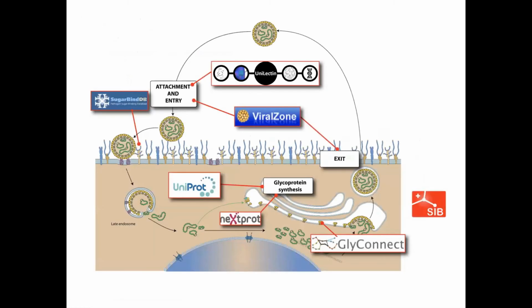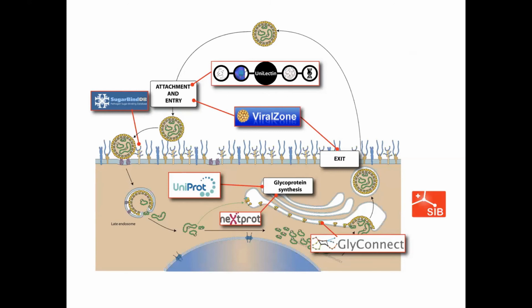I did not mean to spend that much more time developing this. We'll have some more details on SugarBind this afternoon. It's not only limited to viruses, but also covers pathogenic bacteria. This is the landscape as we try to characterize it between Viral Zone and what we're doing.